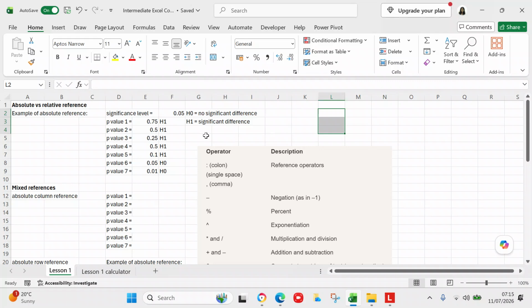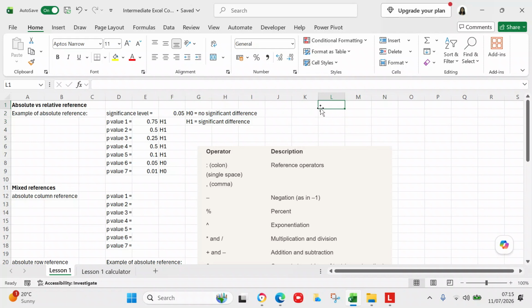So we're going to set the significance level to 0.05. The significance level is normally 0.05, but you can set it to any value that you want. Mostly it's 0.05, but sometimes people use 0.1, or 0.01. H0, your null hypothesis, means there's no significant difference.